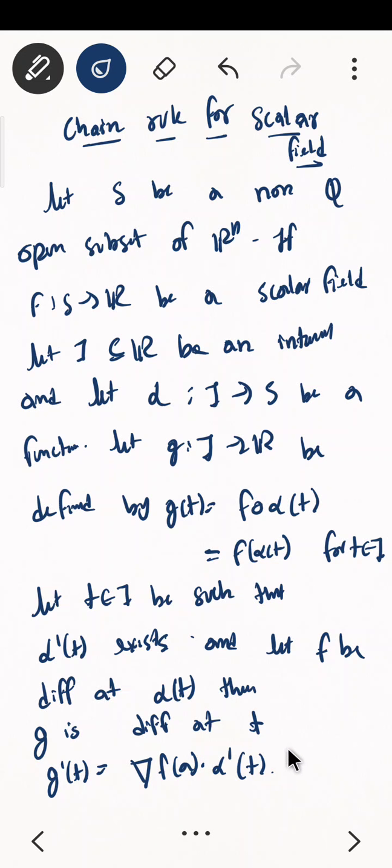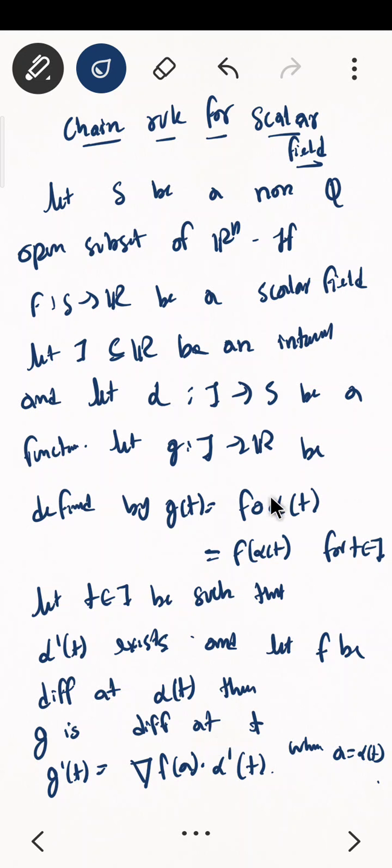This is the definition where what is a? Where a is your alpha of t. Correct? So this is your chain rule. If you want to differentiate this f of alpha t, so what will be that? That will be delta f of a dot alpha dash of t. Correct?